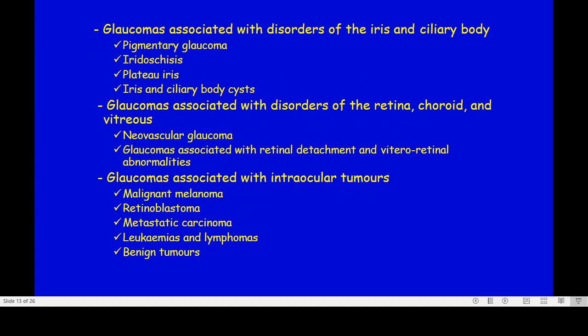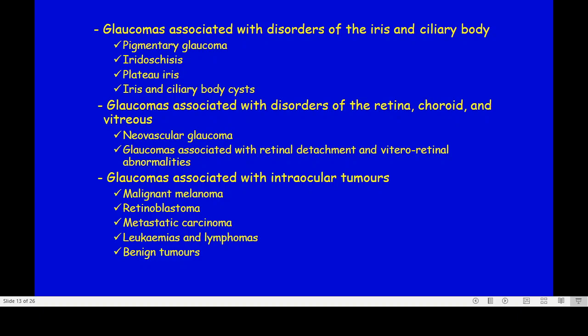Then glaucoma may also be seen in disorders of the iris and ciliary body, like pigmentary glaucoma, iridoschisis, plateau iris, iris and ciliary body cyst. There may be diseases of the retina, choroid, and vitreous that can lead to glaucoma, like neovascular glaucoma, which is very commonly seen in diabetes.